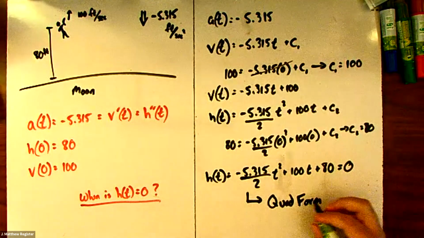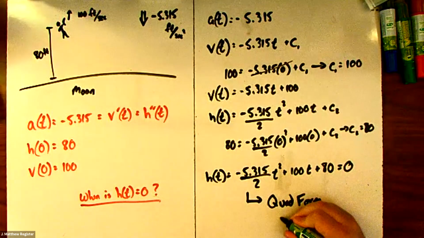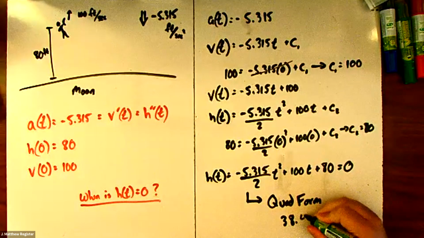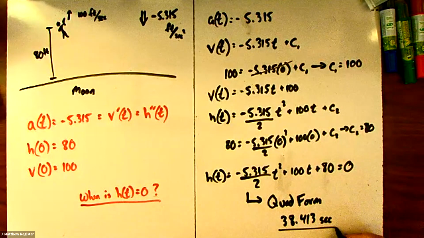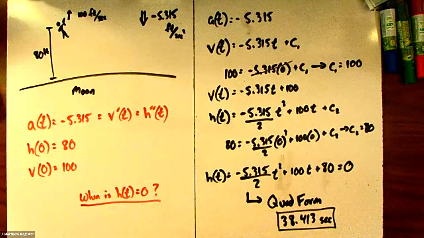I've got a feeling that after you use the quadratic formula, you'll get 38.413 seconds out of it. Technically, you'll get 2 answers. One of them will be negative and won't make sense. The other one will be this positive answer. And hopefully this is the correct answer, because this is the answer that I have in the notes.